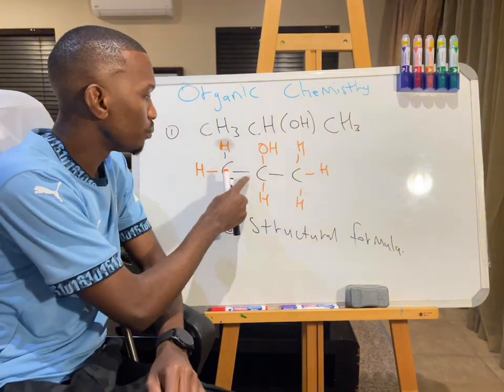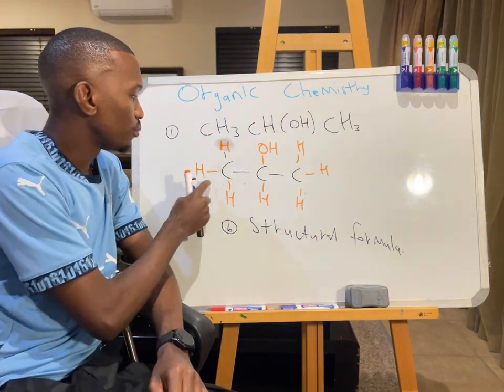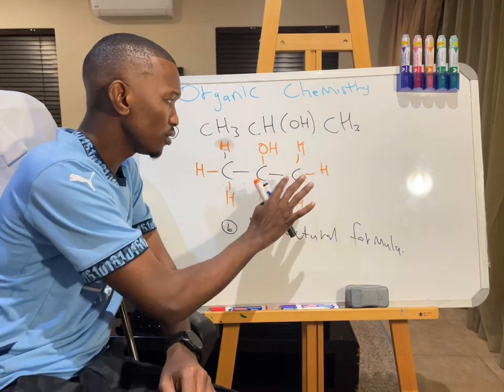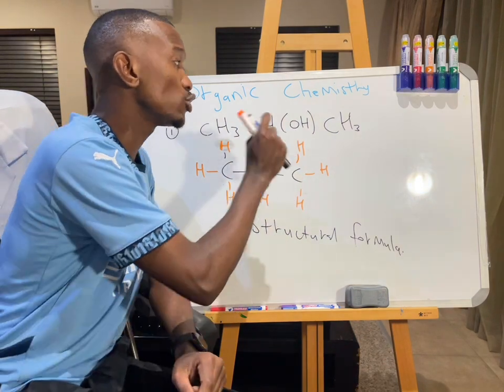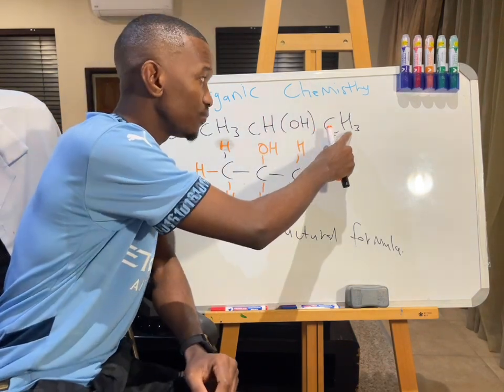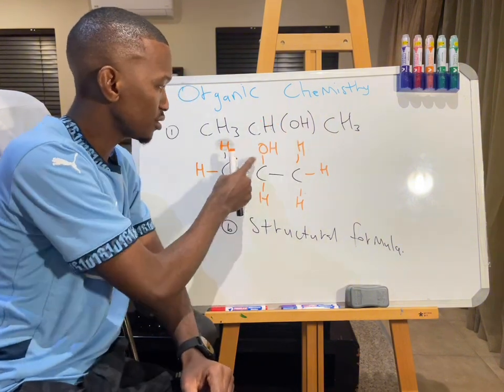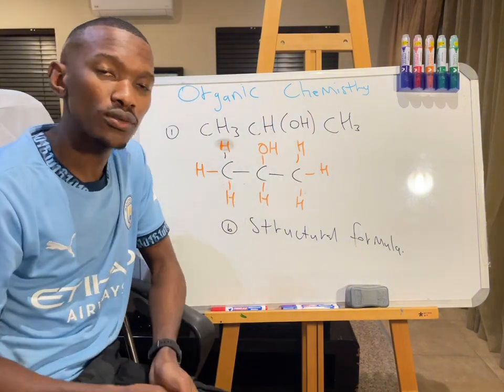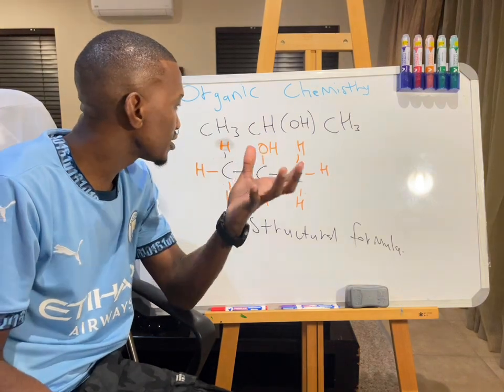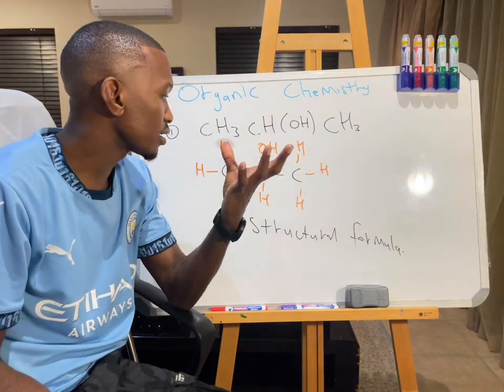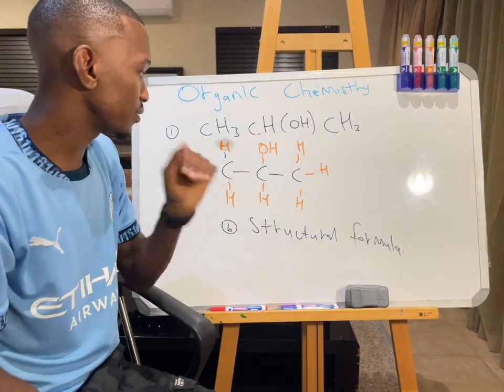Here we show the bonds, but here we don't show the bonds, we just show that each carbon has how many? 3, with 2 hydrogen atoms and 1 oxygen, which you can see here. So that is the difference between a condensed structural formula and a structural formula.